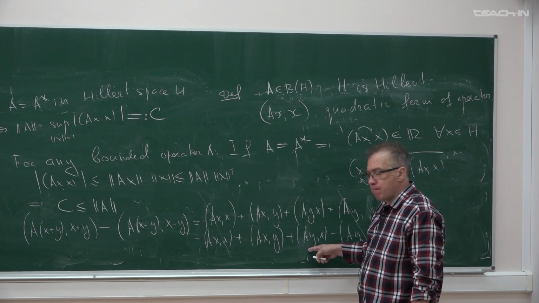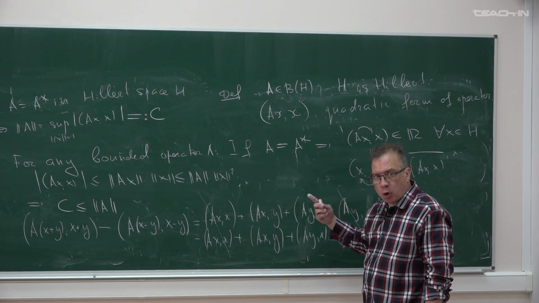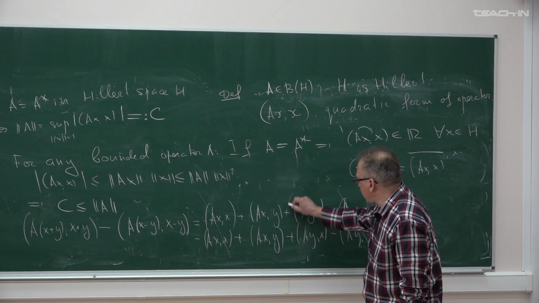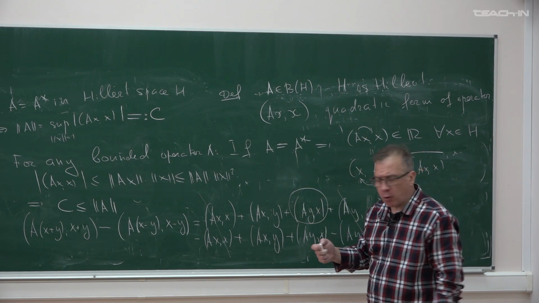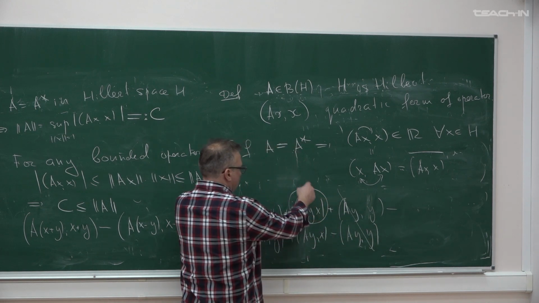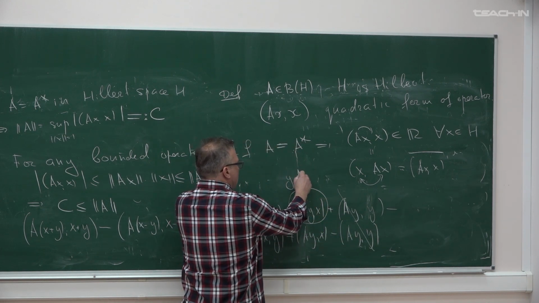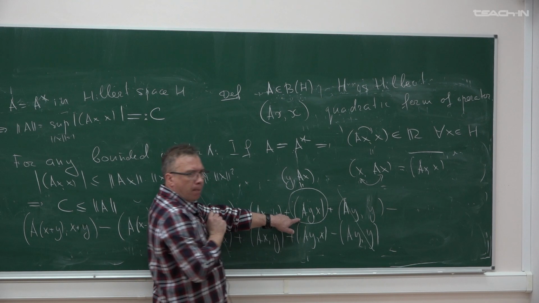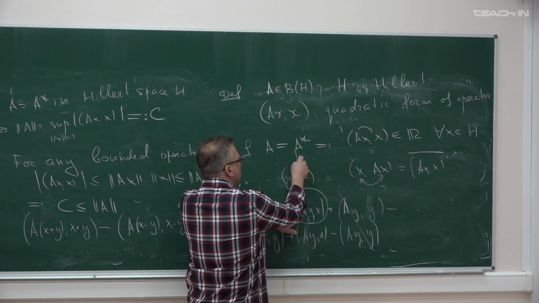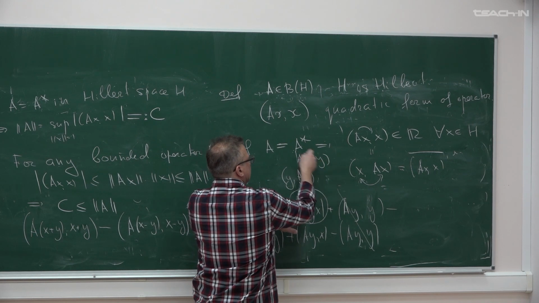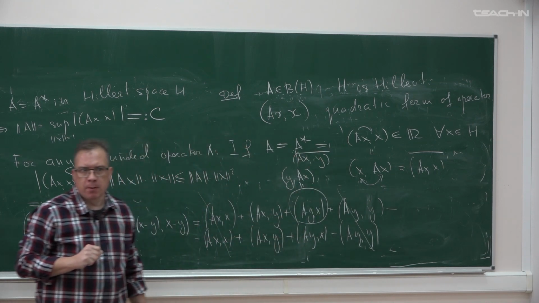Yes? But the operator is self-adjoint. I only simplified this and rewrote it in another form. By self-adjointness, it equals this. And then by the axiomatics of scalar products, it equals the conjugate.